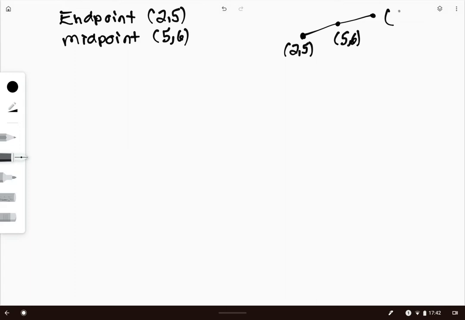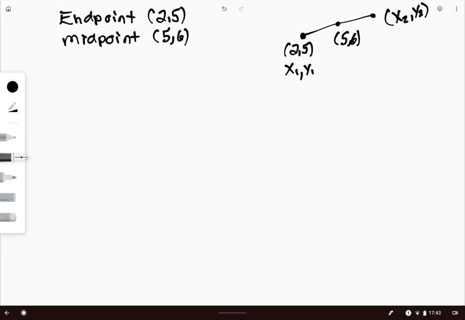And this is the endpoint that I'm looking for, which I'm going to just for now call x2, y2, because that's going to make it a little bit easier when I substitute all of this into my formula. I'm going to call my first point x1 and y1.